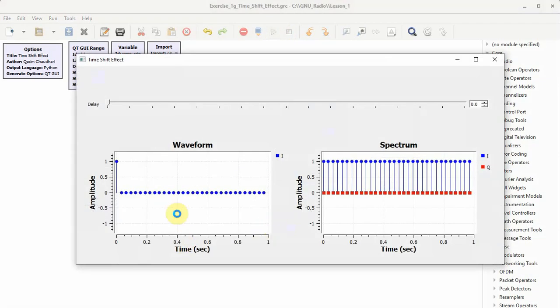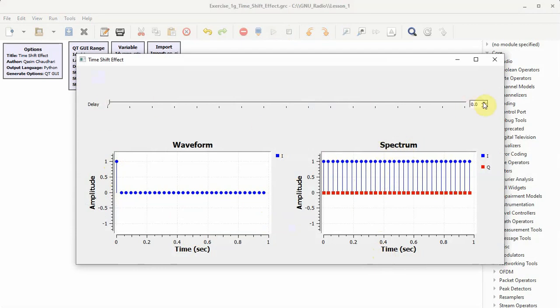Here we are. The waveform is an impulse. We have a single sample with the value of 1 at time 0 and the rest are all zeros. As I said before, please do not get confused with this time here. We are using a time sink to show the spectrum in this discrete form.